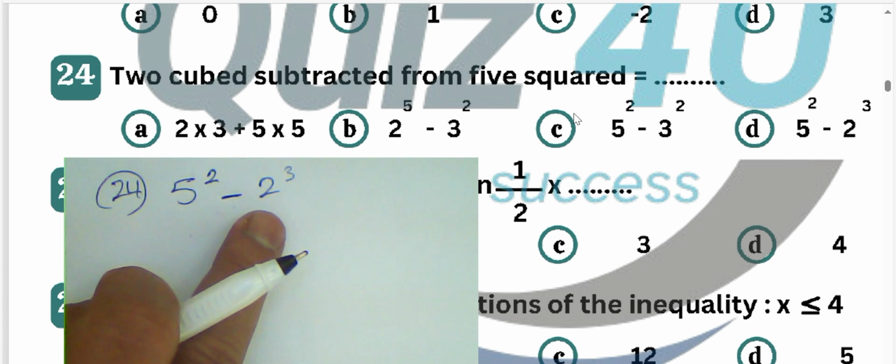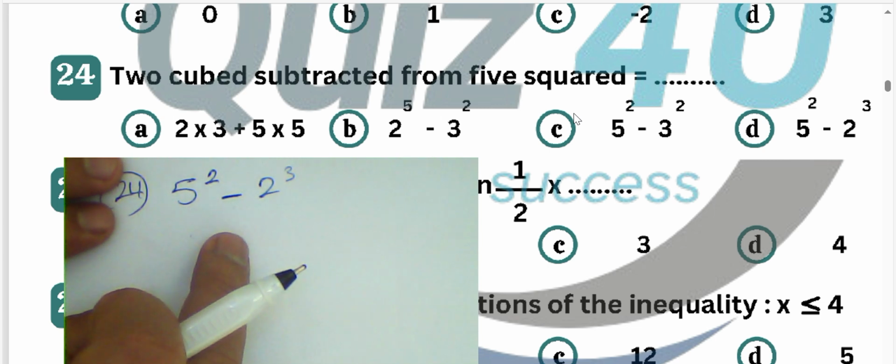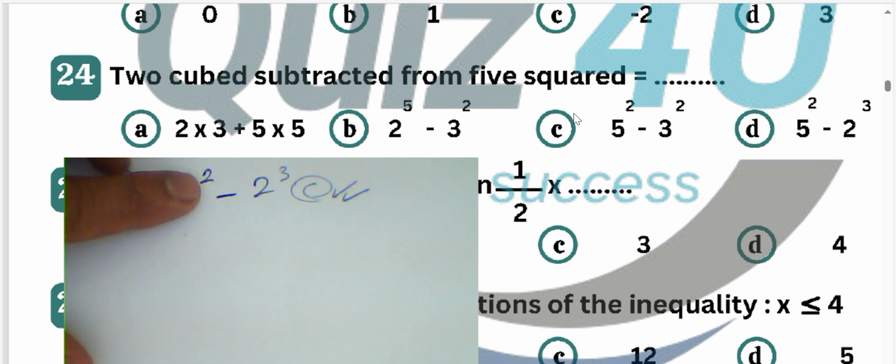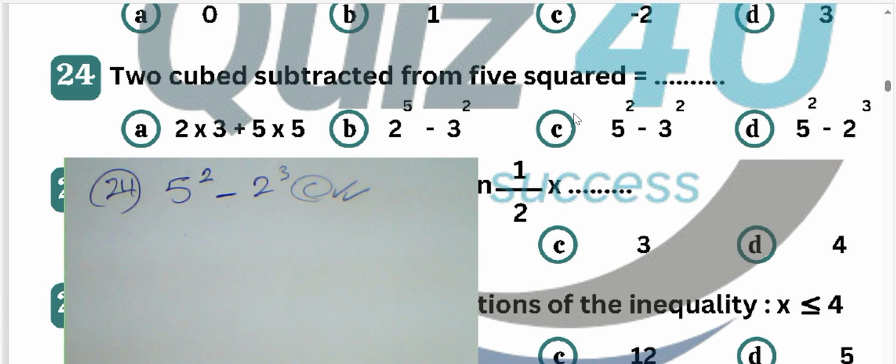So the difference between them, 5 power 2 subtract by 2 power 3, will be 25 subtract by 8, and then the result will be 17. Choose letter C.